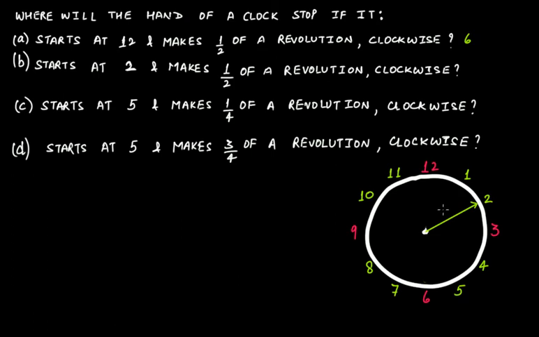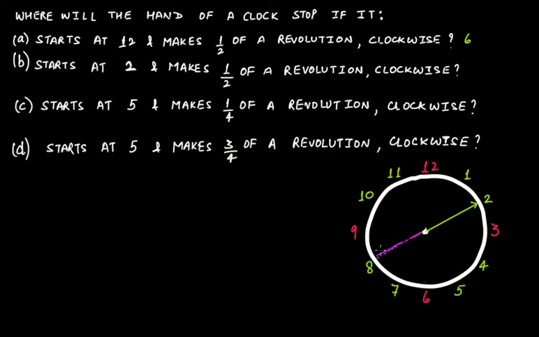So 2 right angles means it will travel by 6 intervals: first, second, third, fourth, fifth, and sixth.